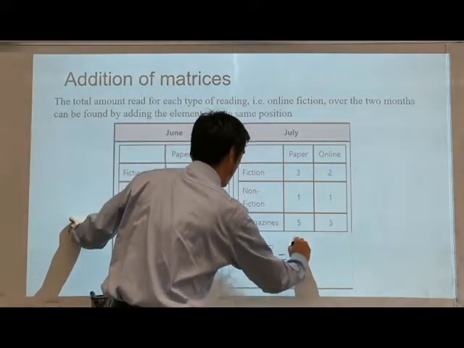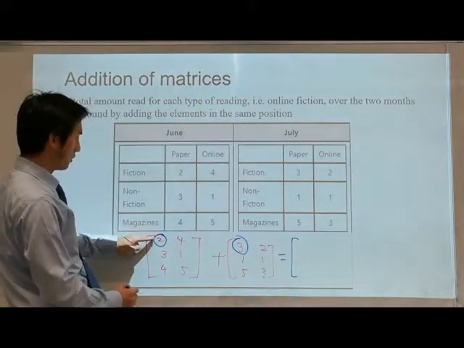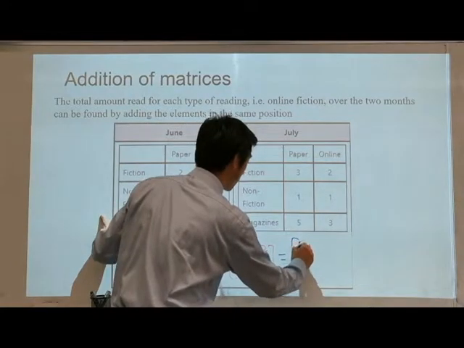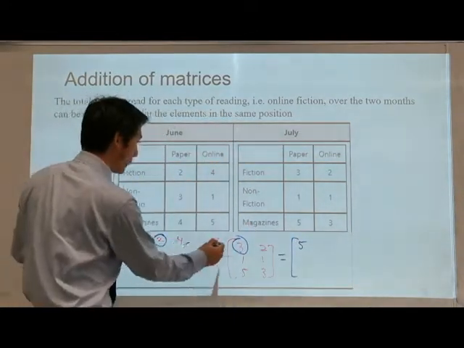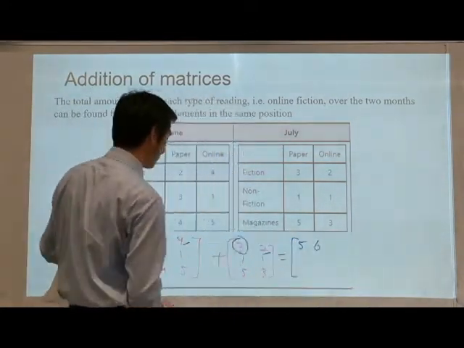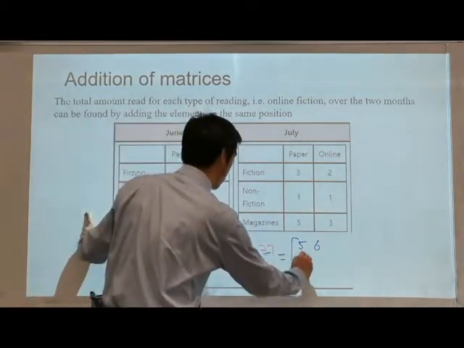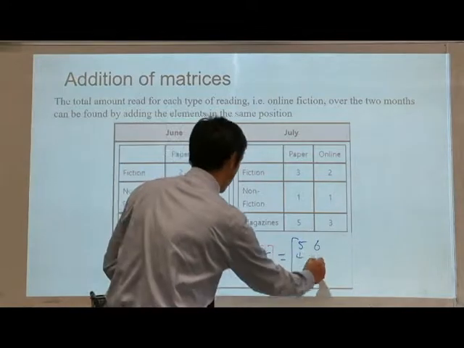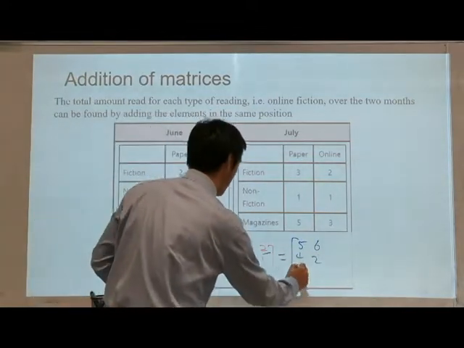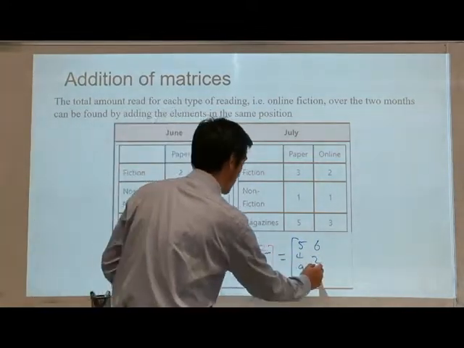Our resulting matrix would be the result of adding 2 and 3 together, which is 5. Adding 4 and 2 together gives 6. And we can do the same thing for the others as well. 3 and 1 is 4, then 1 and 1 is 2, 4 and 5 is 9, and 5 and 3 is 8.